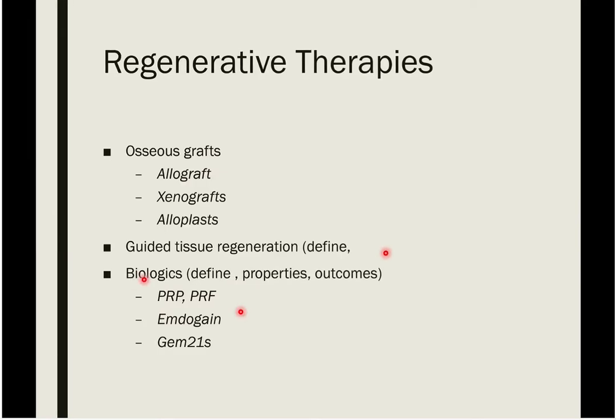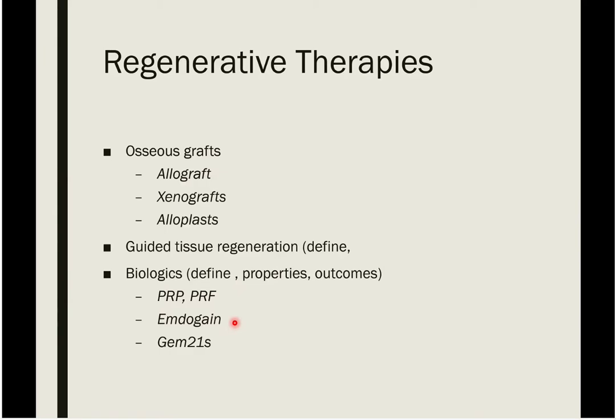Then, in addition, biologics are incorporated into regenerative treatment, and some of the biologics could even be considered taking advantage of differential tissue response, but the ones that we have available to us today being platelet-rich plasma and platelet-rich fibrin are autogenous blood products that have growth factors concentrated.